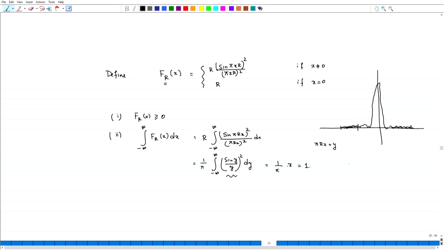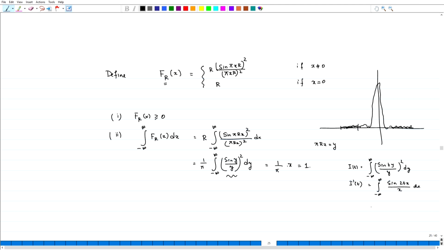Otherwise, one hand-waving argument is that if you define, let us say, I of t equal to the integral from minus infinity to infinity of (sin(t y) by y) squared dy, and then you take I prime of t, assuming everything is fine formally, you get the integral of sin(2 t x) by x dx.